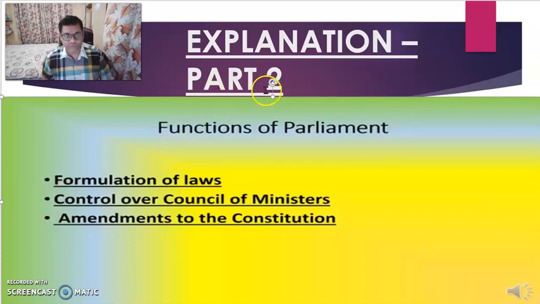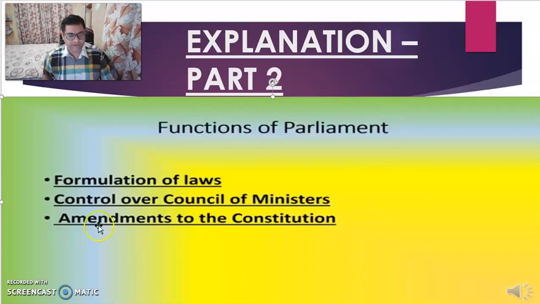This is part 2. In this part, you will learn about the functions of the parliament. Now, what are the functions? There are 3 basic functions. First one is formulation of laws, which means how laws are made. Secondly, control over council of ministers, which means we will see how the parliament controls the prime minister and the council of ministers.